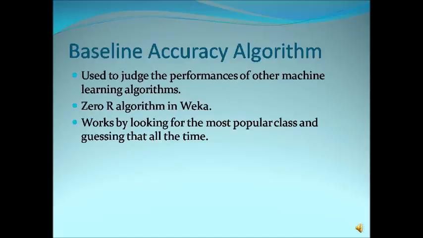Now, the first algorithm we'll look at is the baseline accuracy algorithm. It's important to have an algorithm that we can use to judge the performances of other machine learning algorithms. And in the Weka software, the 0R algorithm is that algorithm. Essentially, it works by looking for the most popular class and guessing that all the time.